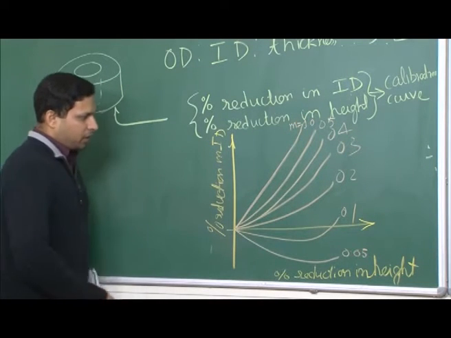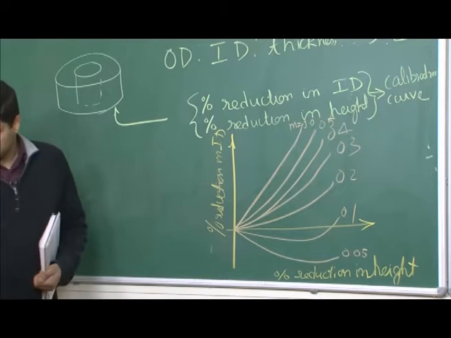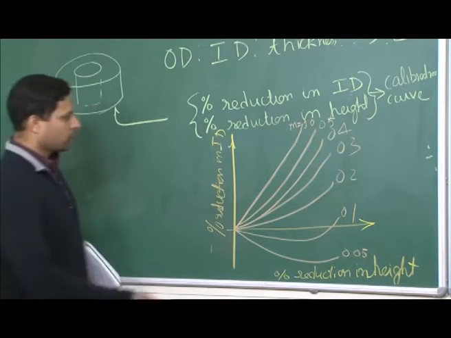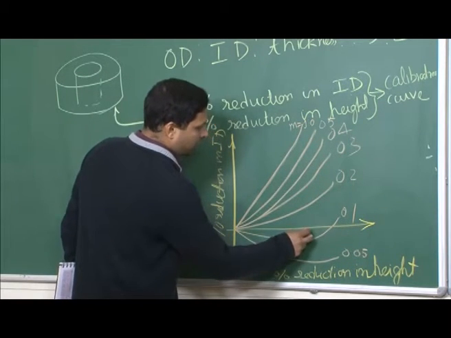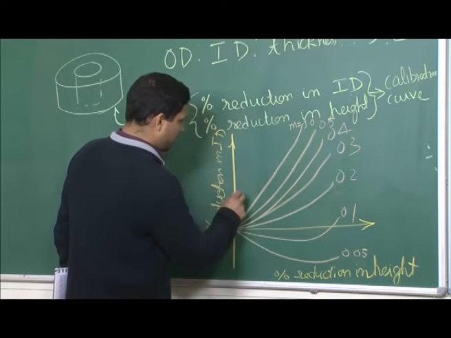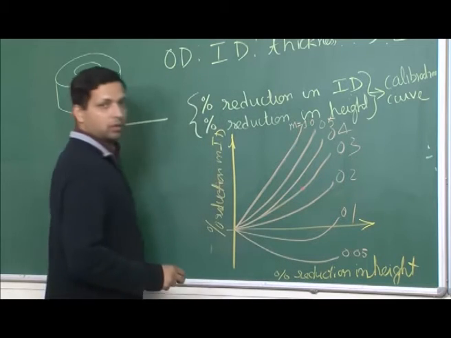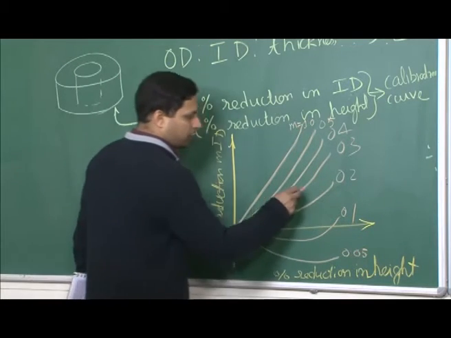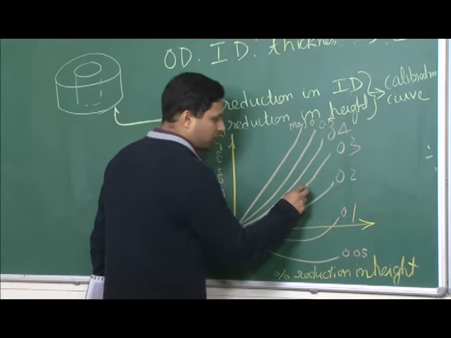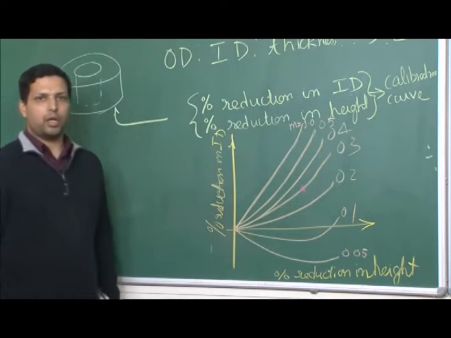So, for example, let us say you get percentage reduction in height somewhere over here and percentage reduction in inner diameter somewhere over here. So, this would imply that the friction condition or the m value for this particular case was 0.3.